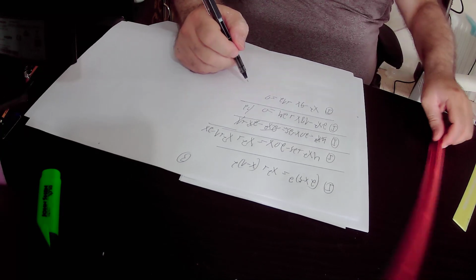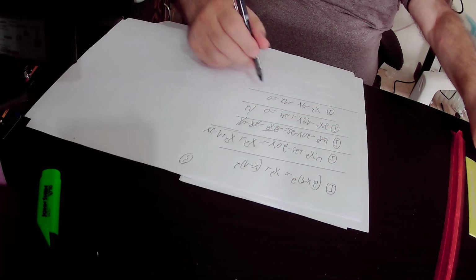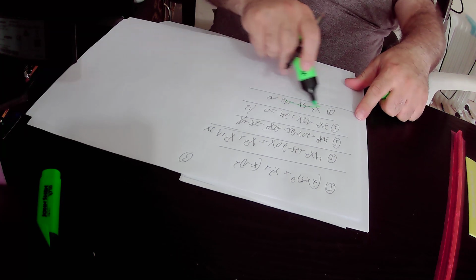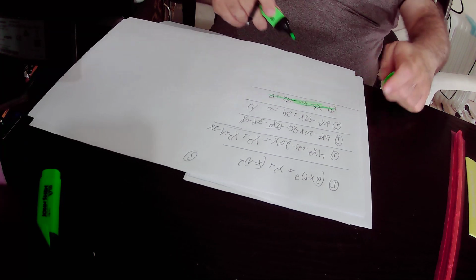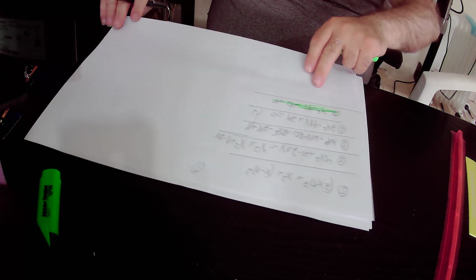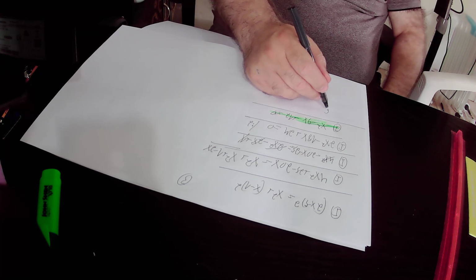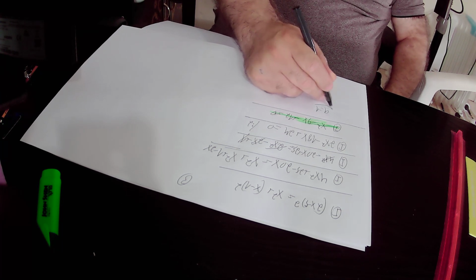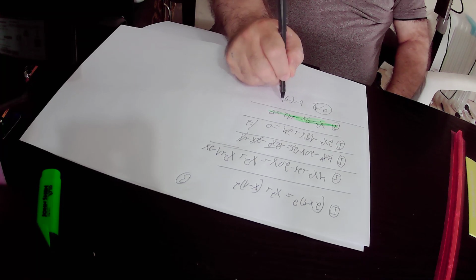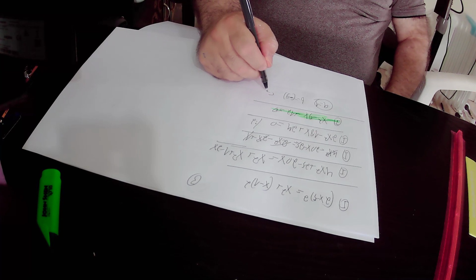So actually, we got the quadratic equation x squared minus 9x plus 12 equals 0. In this quadratic equation, the coefficient a equals 1, the coefficient b equals minus 9, and the coefficient c equals 12.